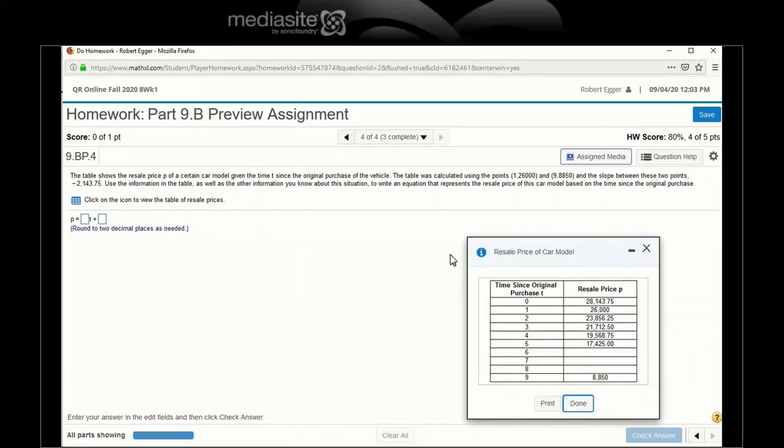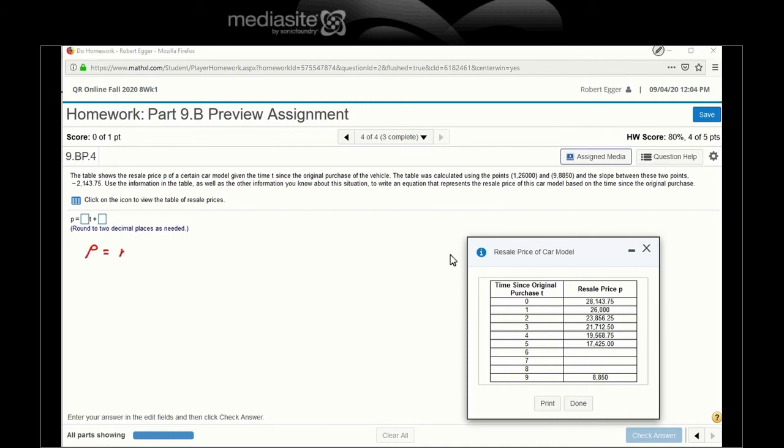Okie dokie. Given car, table is calculated using the points 12600 and 98850, and the slope between these points is minus 2143.75. Okay. So actually, no calculation needed here. We're given the slope.